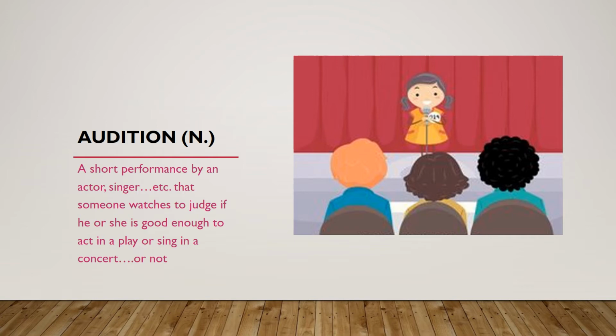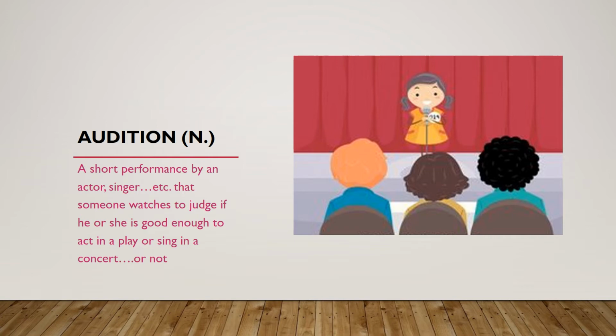Audition. Audition is a noun which means a short performance by an actor or a singer that someone watches to judge if he or she is good enough to act in a play or sing in a concert or not. For example, in this show Arab's Got Talent, contestants audition for a role, and we have three judges.